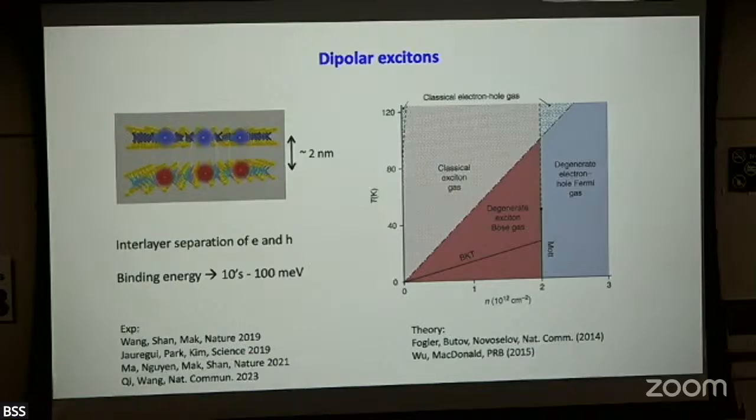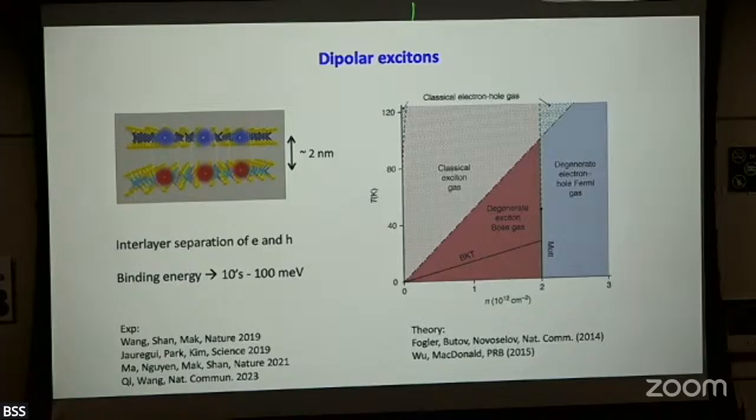Yeah. You have a dipolar exciton, it has a dipole. When the density is high enough, excitons do not exist anymore. So all this we're talking about is the low density limit.